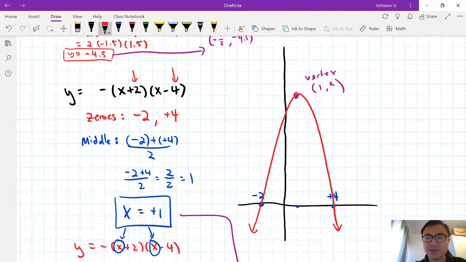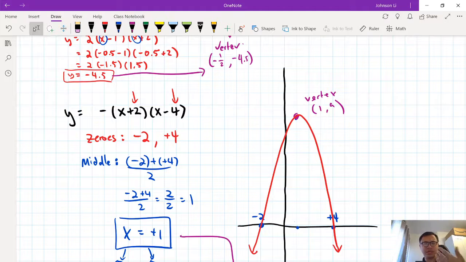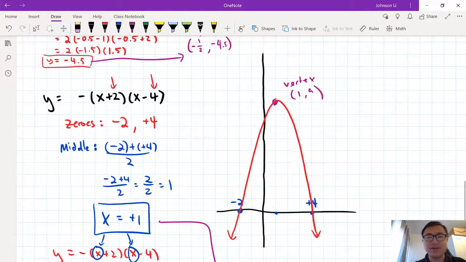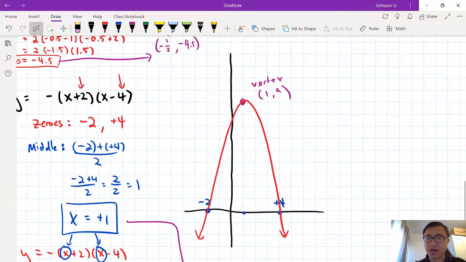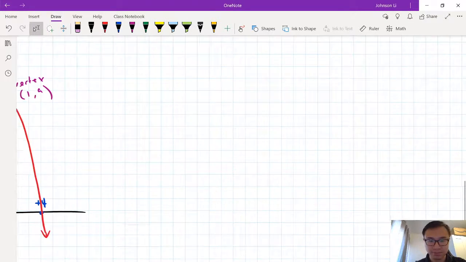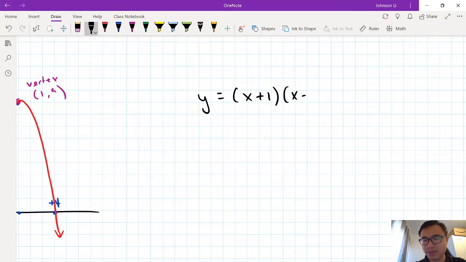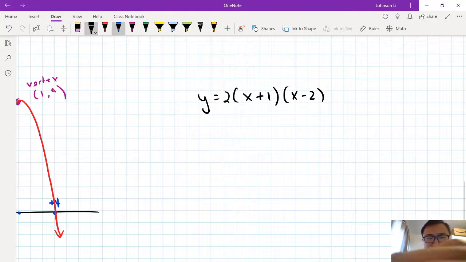We notice that this parabola actually points downwards, in the sense that it's an upside down U, and the reason is this negative sign over here. Whenever you have a negative sign in front of 2 brackets, it should have a shape like this. Whenever you have something like this, you notice there's a positive number right in front here.